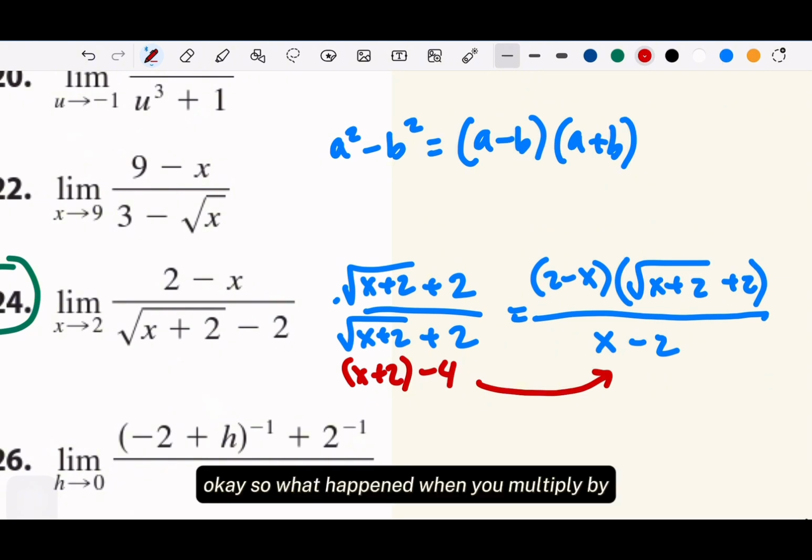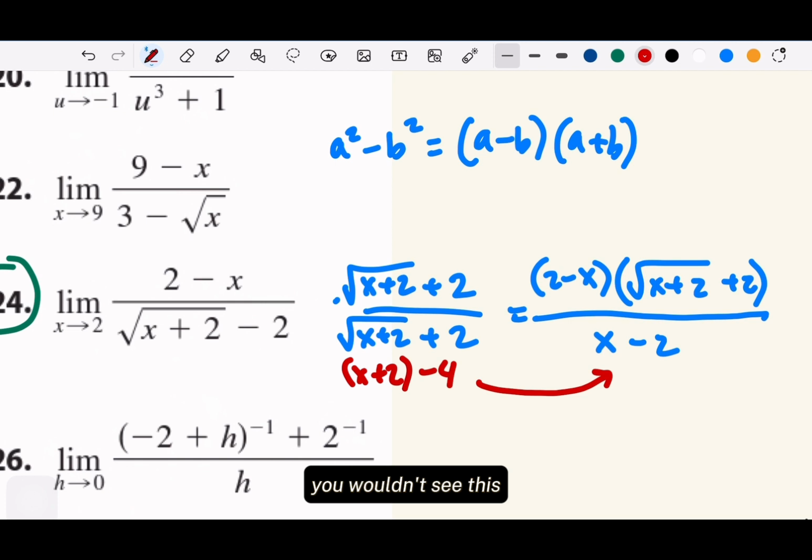What happens when you multiply, like I previously mentioned? If you multiply the top, you wouldn't see this, and then you'll feel confused about how to solve this. So you need to go step by step with the correct steps. Slowly but surely. 2 minus x, x minus 2, we can factor out a negative.